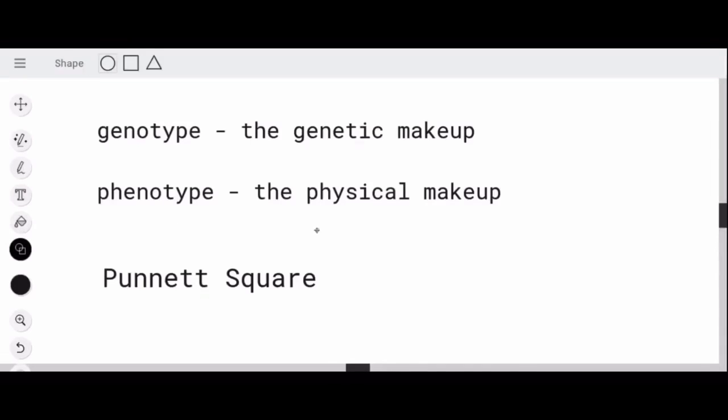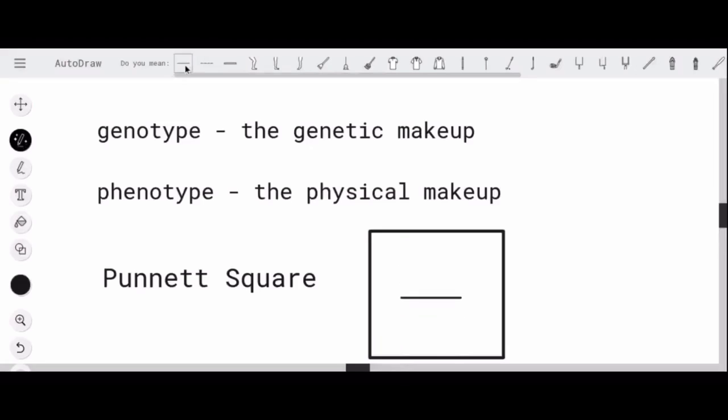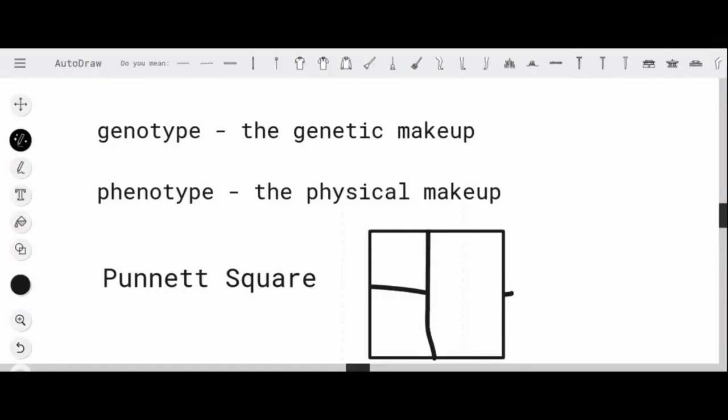And it looks something like this. It's usually a square. It has a couple of lines dividing it. It usually looks something like this, a line there and a line there.